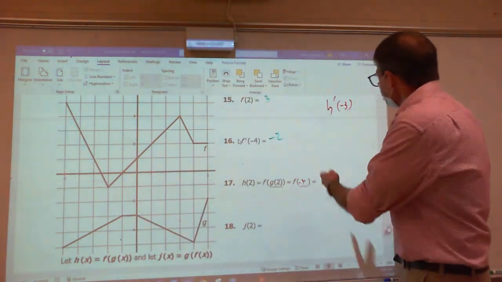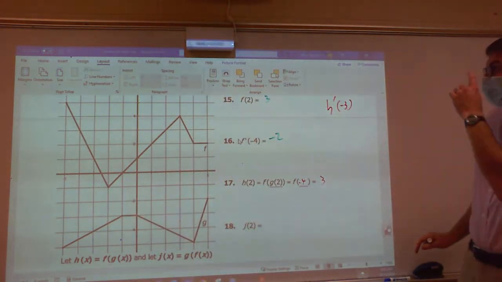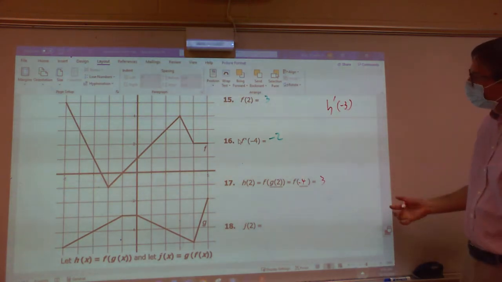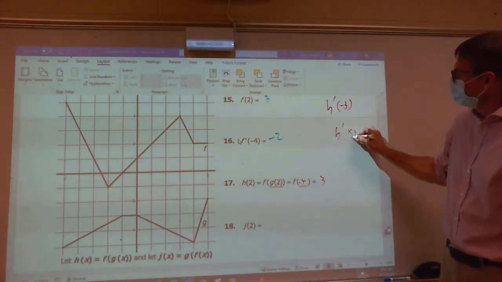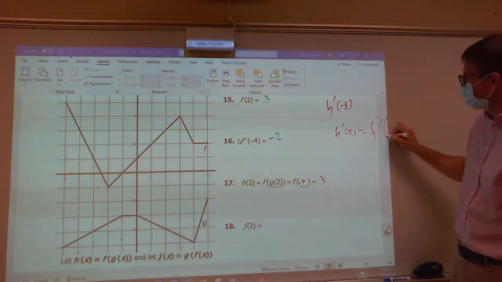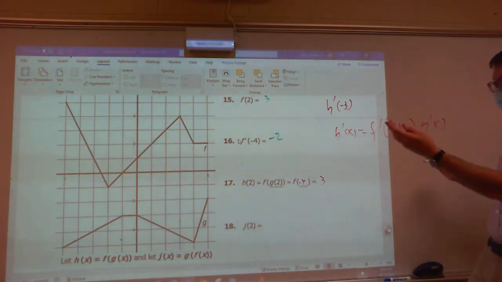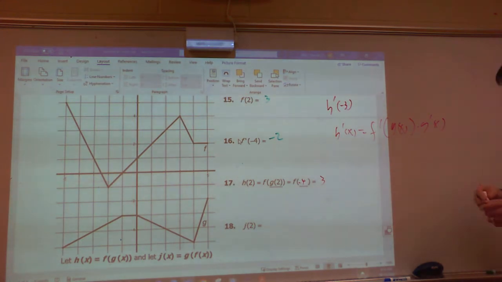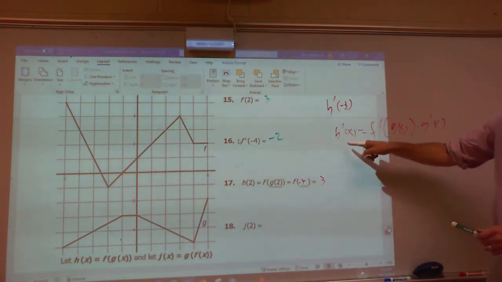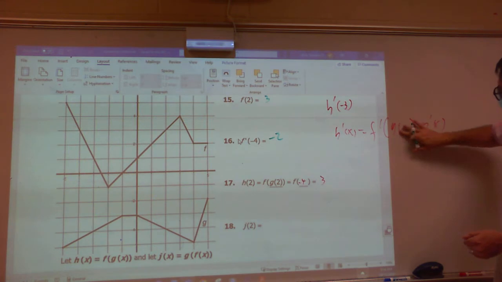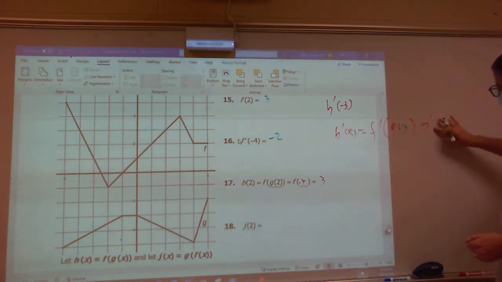How do I do that? Well, h prime of x is f prime of g of x times g prime of x. We're doing our chain rule thing. And I want to know what h prime of negative 3 is, so this gets to be a negative 3, and this gets to be a negative 3.